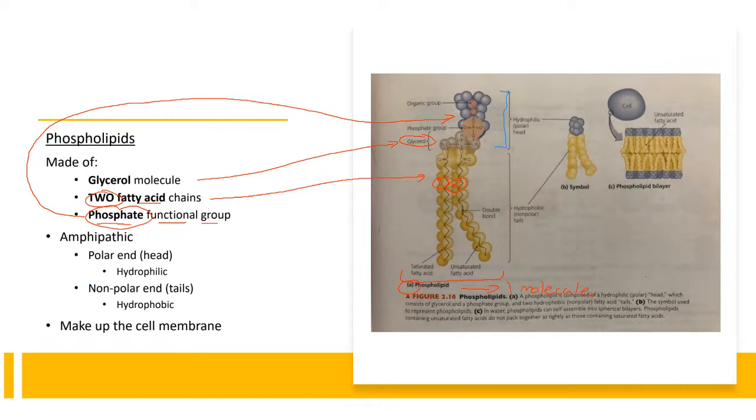This phosphate group is going to give this part of the molecule, okay, it's going to make it hydrophilic. It's going to make it polar. This part of the molecule, I'm going to say, can hang out with water, okay?